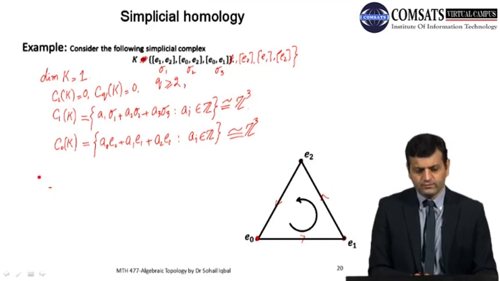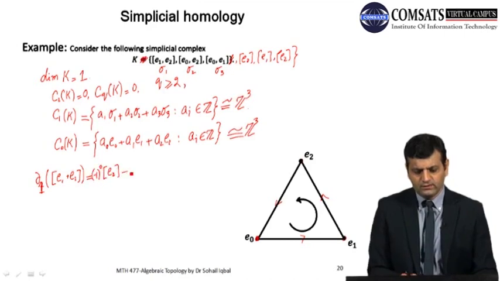So what is the image? Partial 1 of E1, E2 is basically equal to E2 times minus 1 raised to power 0 plus minus 1 raised to power 1 times E1. E1 is at the 0th place and E2 is at the 1st place.